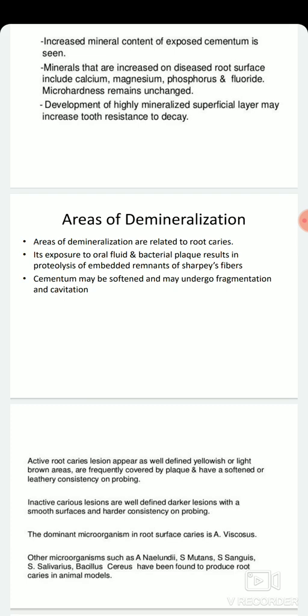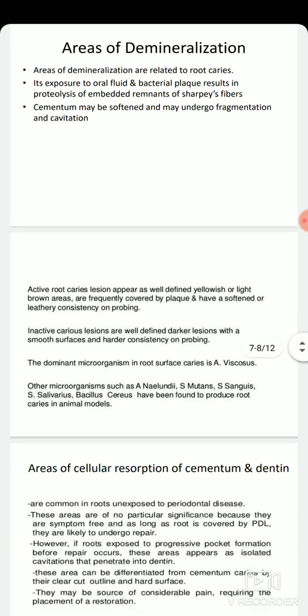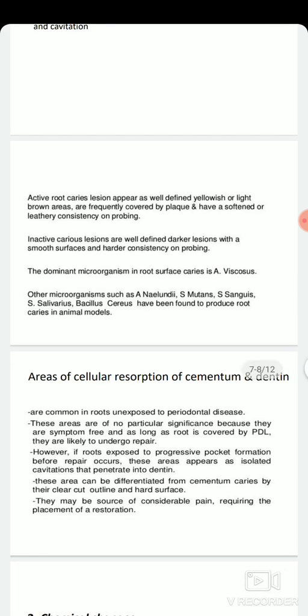So cementum may be softened and may undergo fragmentation and cavitation. The active root caries lesions appear as well-defined, yellowish and light brown areas, which are frequently covered by plaque and have a softened leathery consistency on probing.